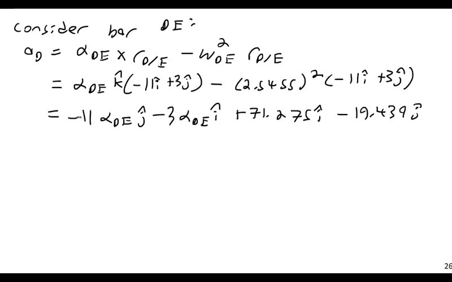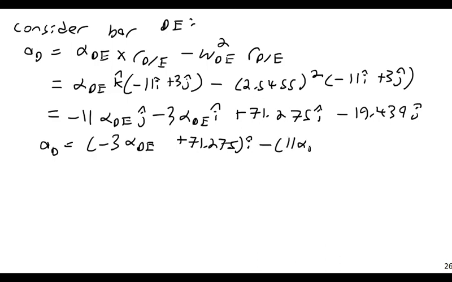And so finally, if I combine this together, the overall acceleration A_D is equal to negative 3 alpha DE plus 71.275 i, minus 11 alpha DE plus 19.439 j.